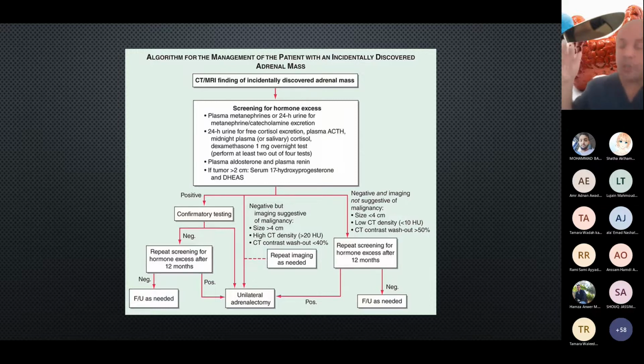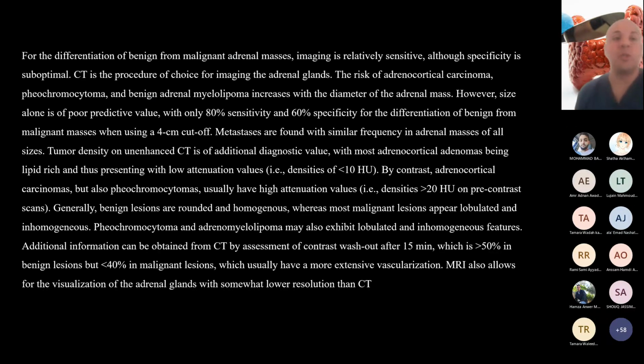So the three features are: size more than 4 centimeters, high density on CT, and very low washout on CT. These are the CT characteristics that would lead you to recommend to your patient whether you can watch or observe this mass, which we call watchful waiting, or send him to surgery.